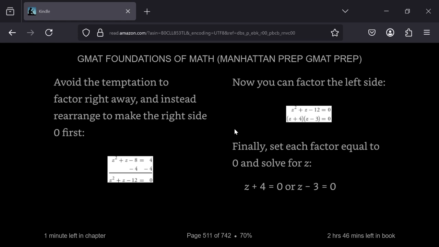Now, this book is freely available from Amazon.com.